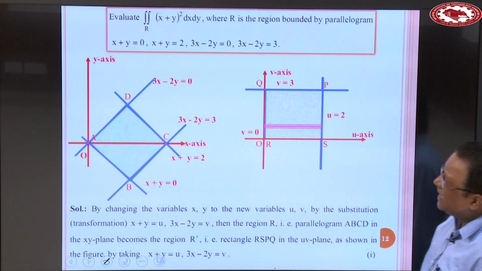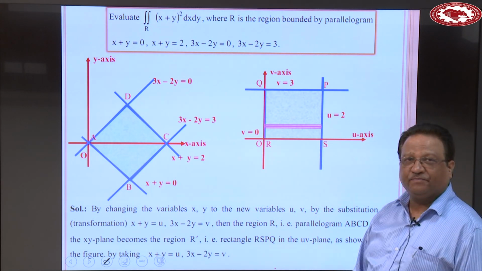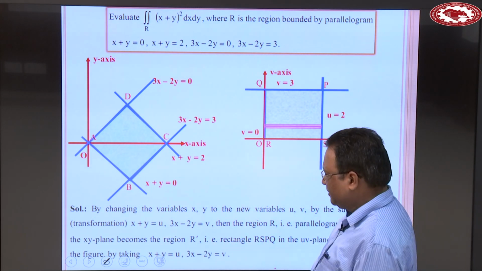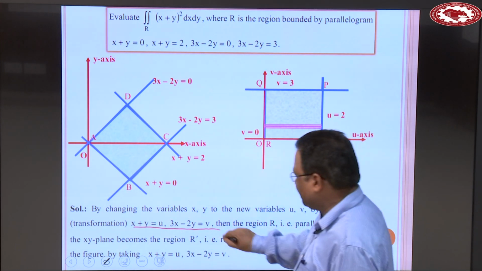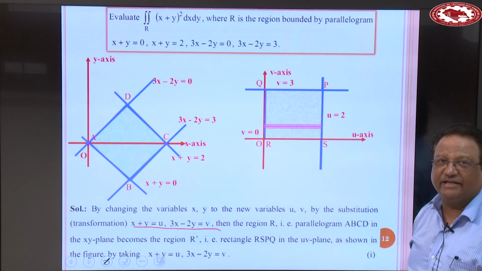So by using this transformation, we have this new region of integration.